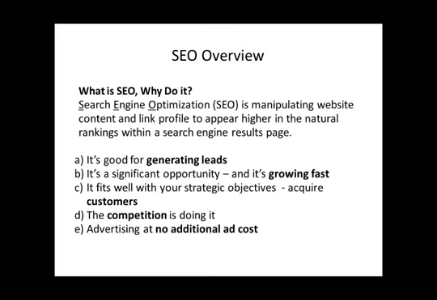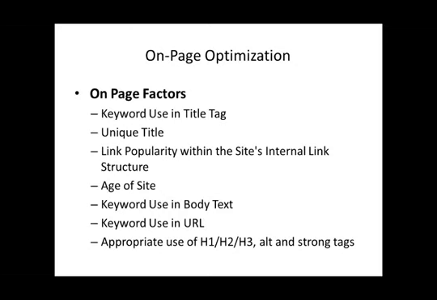The two important factors when we talk about search engine optimization are on-page optimization and off-page optimization. On-page optimization has to do with the tweaks or manipulation that you do on the website.